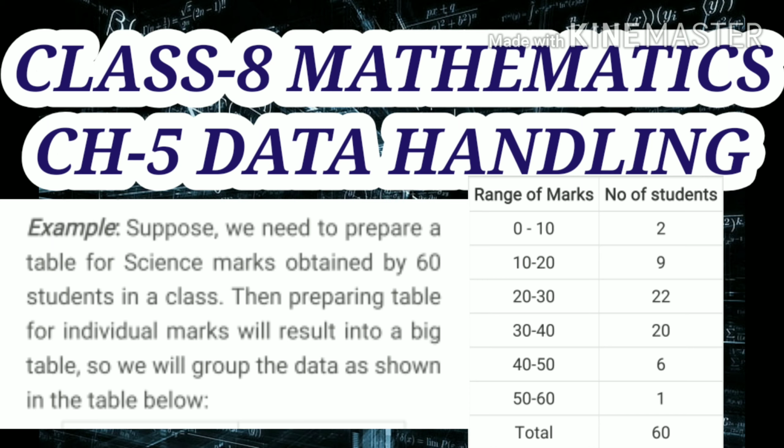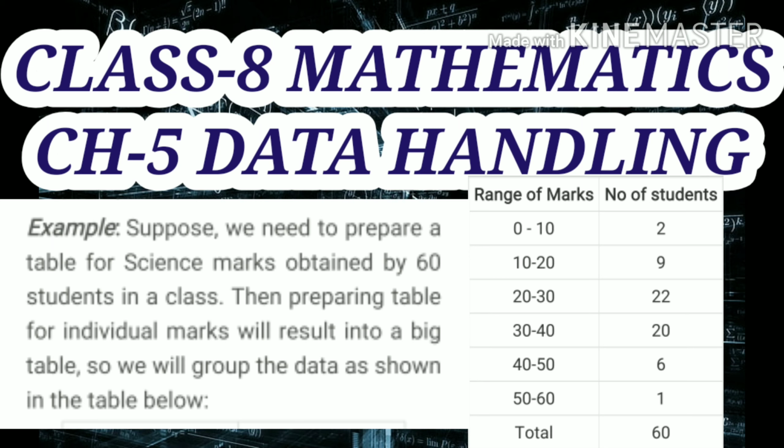The number of students under the range 0 to 10 is 2. It means out of the 60 students, only 2 students got marks between 0 to 10 and 9 students got marks between 10 to 20.